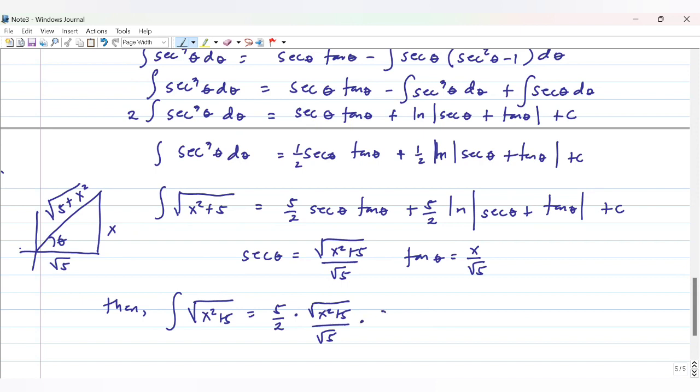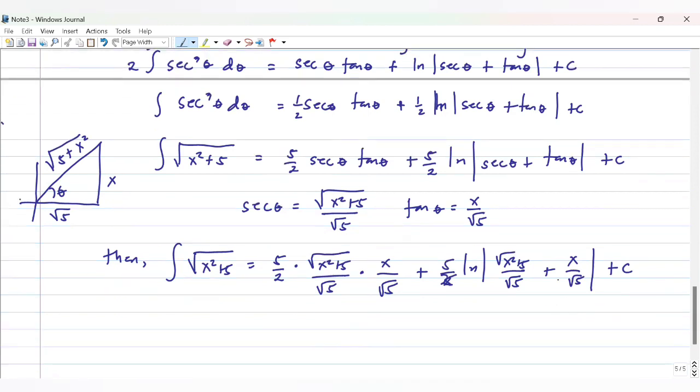Our tangent is x over square root of 5 plus our 5 halves ln of, what? That is square root of x squared plus 5 over square root of 5 plus x over square root of 5, okay, plus c.